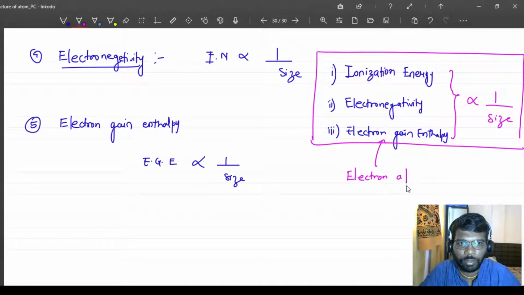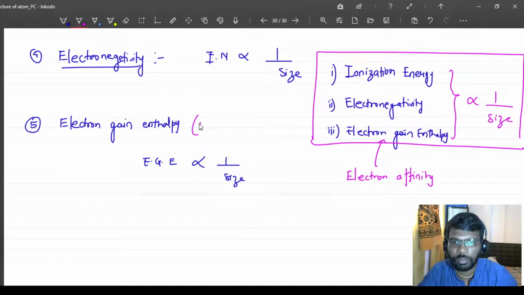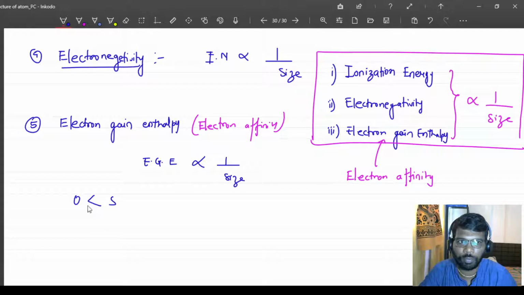Now there are some exceptions with respect to group 16. Oxygen has less electron affinity than sulfur. These are the exceptions of the electron gain enthalpy or electron affinity.